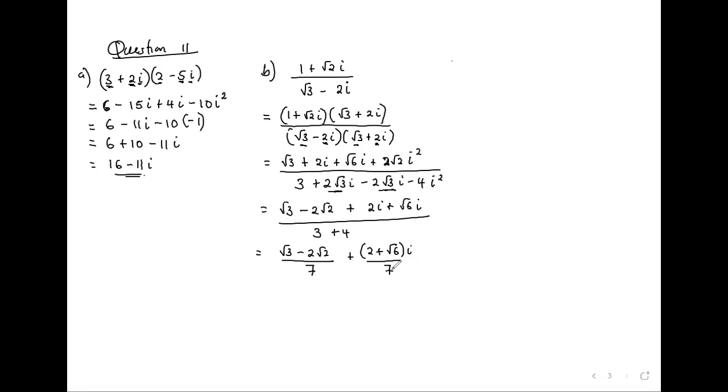Then C, we have (1 plus 2i) over (1 minus i) plus (1 minus 2i) over (1 plus 3i).